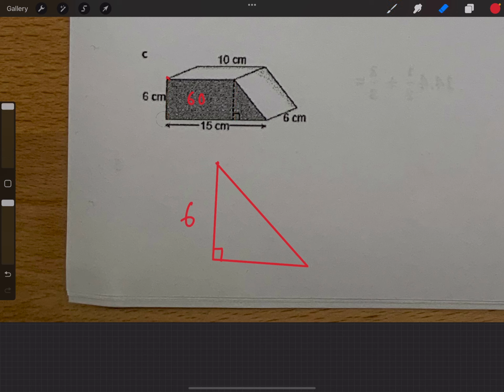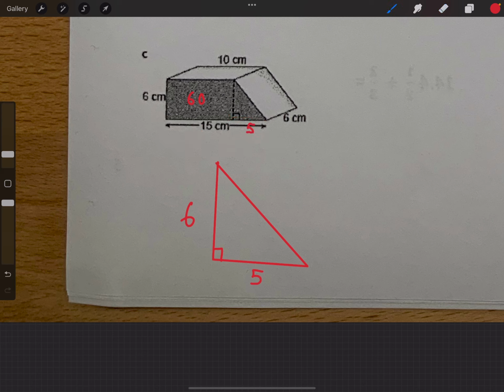Now, what is the length of this triangle? What is the length here? Well, we know from here to here is 15, right? But from here to here is 10. So 15 minus 10, this must be 5. So the length of the triangle must be 5. Hope that makes sense.